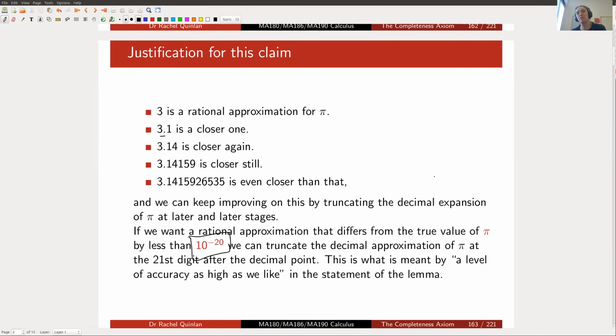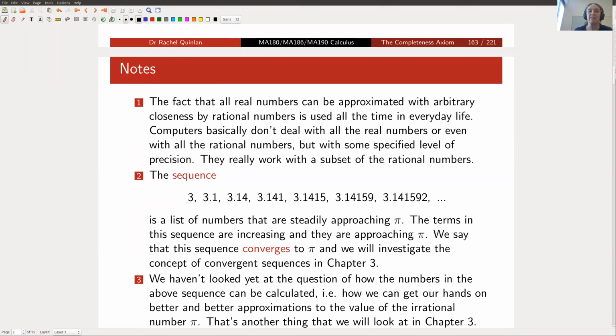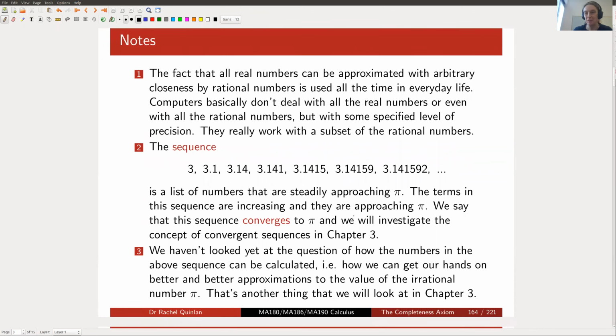Okay, and when we work with computers, I'm going to say something here that, if you're a computer scientist, I'll ask you to just not analyze too deeply, because it's not completely true. But the fact that all real numbers can be approximated with arbitrary closeness by rational numbers is used all the time. And computers basically don't deal with all real numbers.